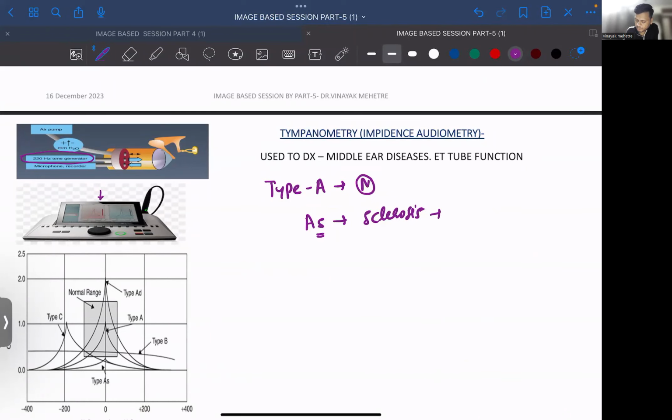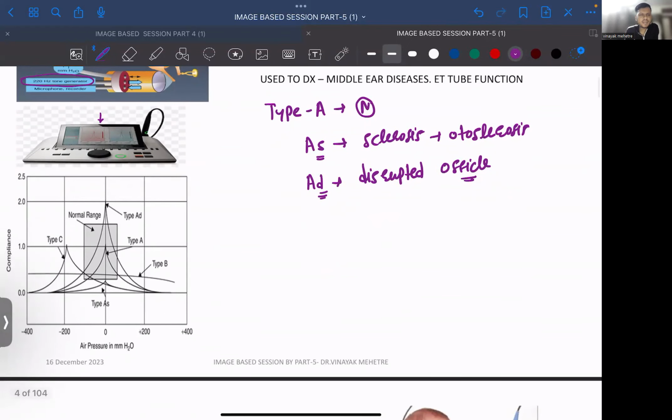Yes, that is otosclerosis. Then AD. D stands for disrupted ossicle. What does that mean? Damage to the malleus, incus and stapes, right? Fracture, damage. These were type A.